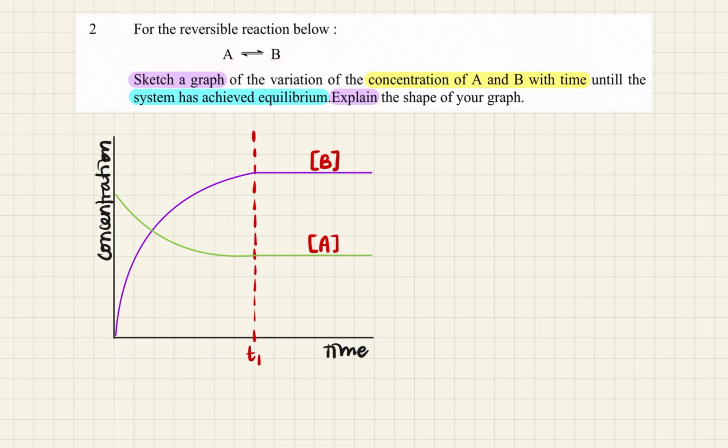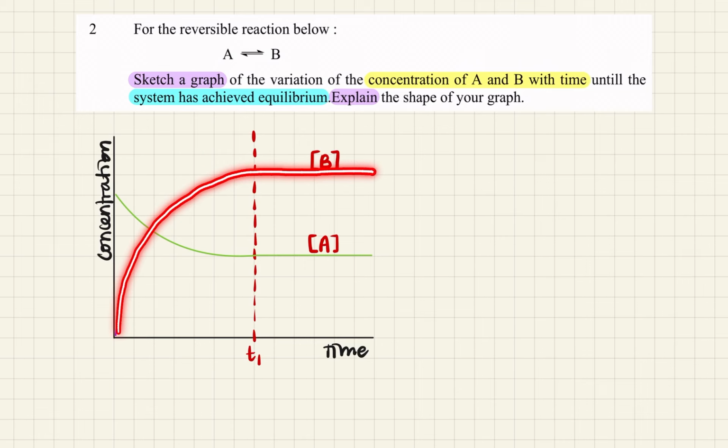Right, so as your reaction goes, the concentration of A will deplete while the concentration of B will increase. Okay, so that means A will go down here, and then the concentration becomes constant, and then for B it will be formed. Okay, makin lama makin banyak increase.